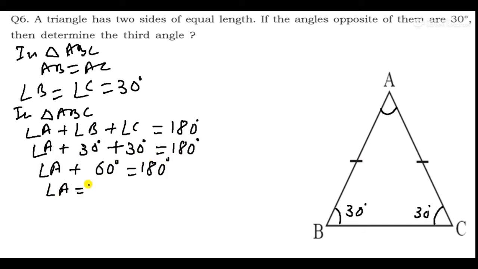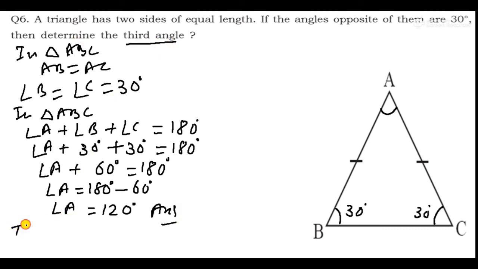So angle A is equal to 180 degrees minus 60 degrees, which is 120 degrees. This is the answer to your question: the third angle is 120 degrees. So you can do all this type.